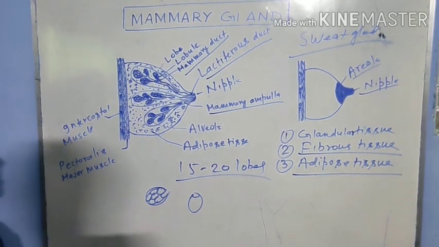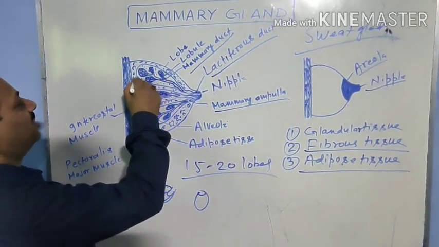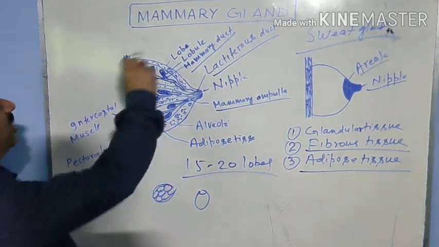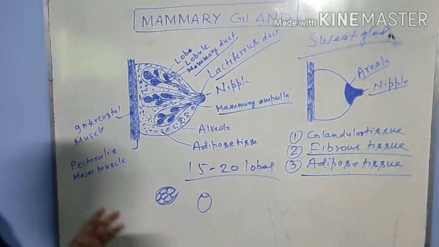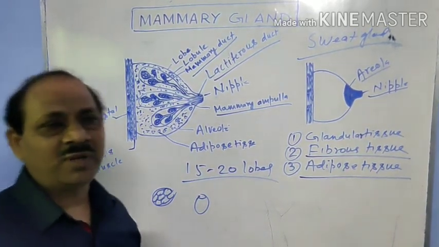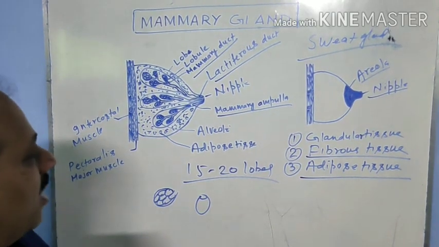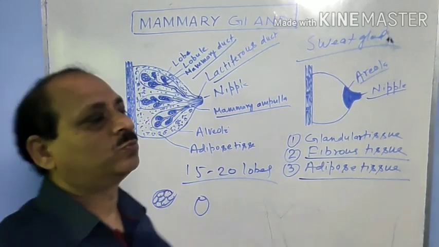Adipose tissue is present between the lobes, these lobes here, and on the skin, and it determines the shape of mammary gland. The size of mammary gland depends on the amount of adipose tissue.